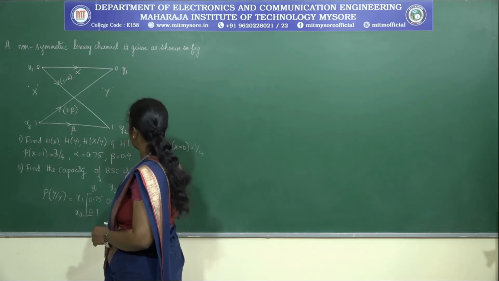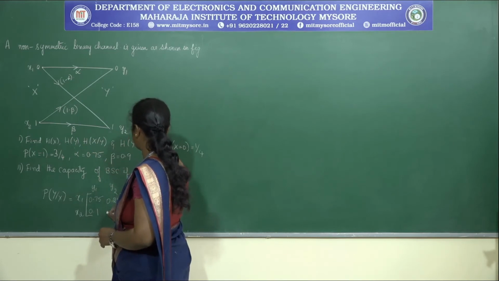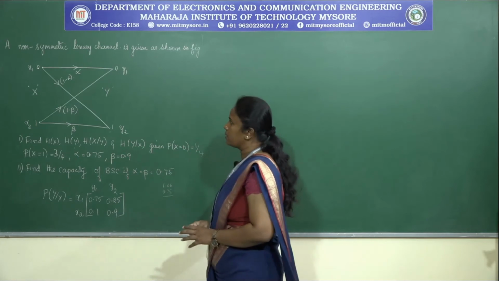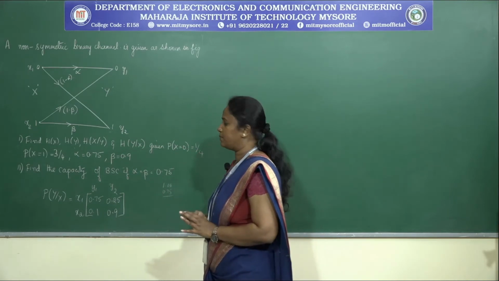Then y2 by x2 is the beta value, 0.9. So this is your channel matrix by looking into the channel diagram.